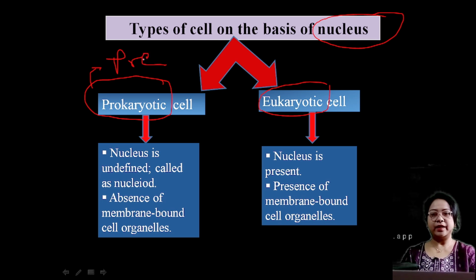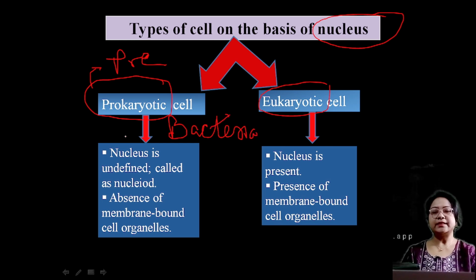That means when the earth was formed, the first organism that existed in nature was the bacteria, and those bacteria are also called bacterial cell or prokaryotic cell.